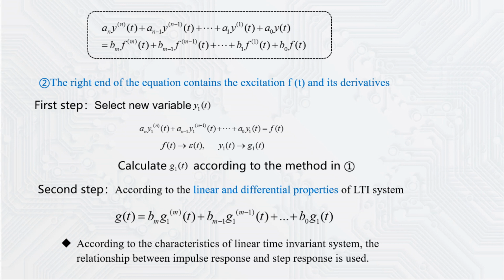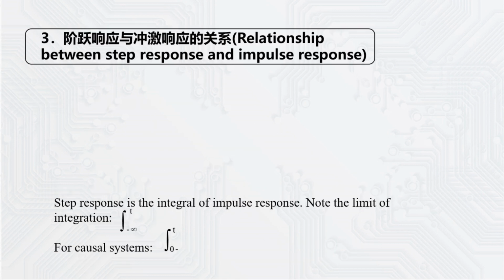In the process of solving h(t) and g(t), we mentioned that we can use the relationship between them to solve the problem. So let's look at the relationship between h(t) and g(t). Because the LTI system satisfies the differential and integral characteristics, the relationship between impulse signal and step signal is differential and integral.